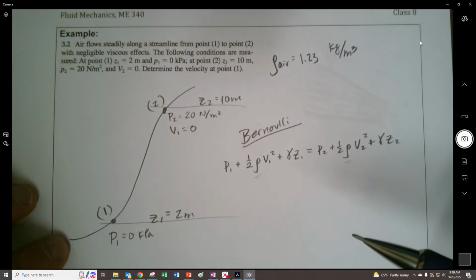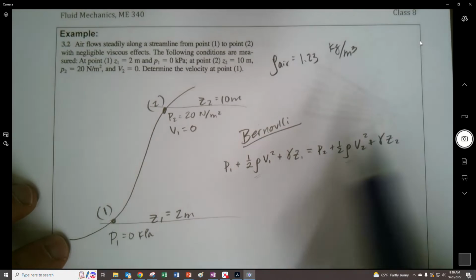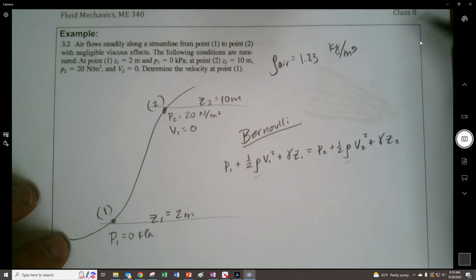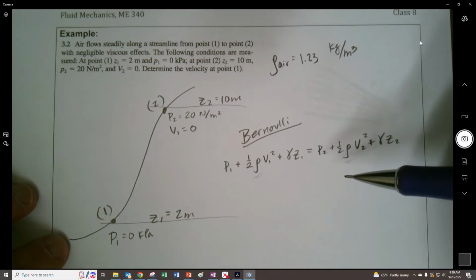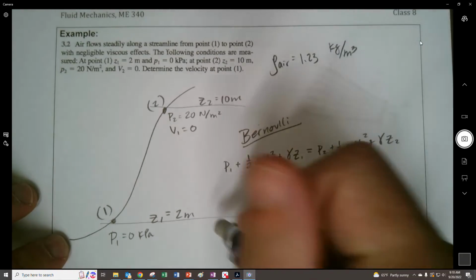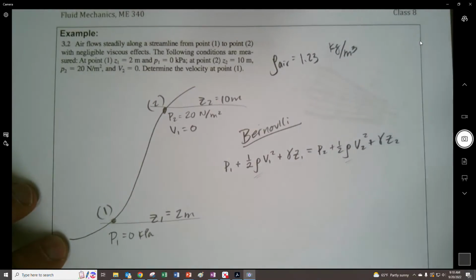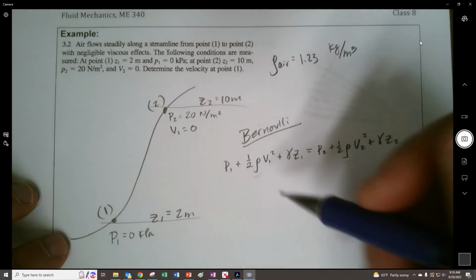It's an important thing. It's along a streamline. Oh, it's inviscid, right? And air doesn't have a whole lot of viscosity. Gases don't generally have much viscosity compared, relatively speaking, to liquids. So it's a pretty good guess.